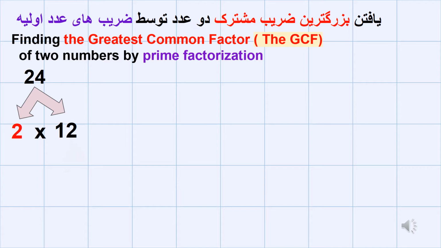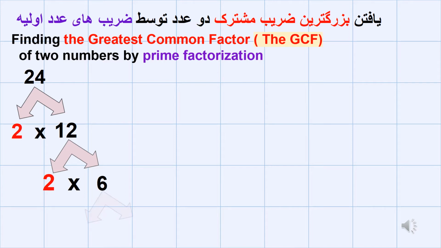Another factor is 12 because 2 times 12 is equal to 24. 12 is a composite number, and we continue the procedure of prime factorization on 12. 12 can be divided by 2. 2 is a prime number, and another number is 6 because 2 times 6 is equal to 12.